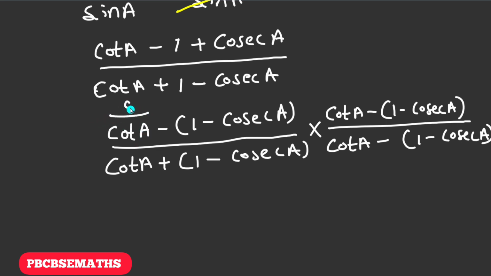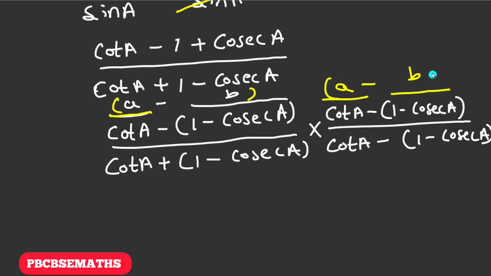Now let's consider this as A, and here we have minus, and let's consider this entire expression as B. In the same way, here also let's consider this part as A, just like this, and here we have minus sign, and this entire part as B. So this numerator part is in the form of (A minus B) into (A minus B), which is equal to (A minus B) whole square, that is in the form of A minus B whole square identity.